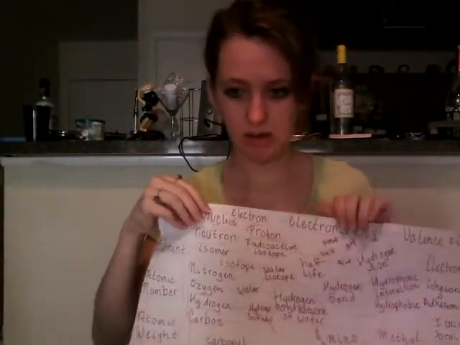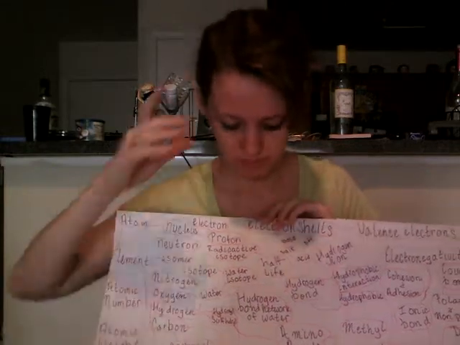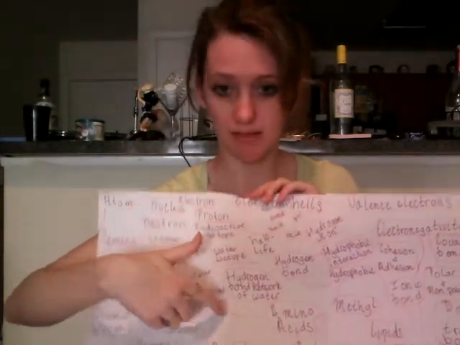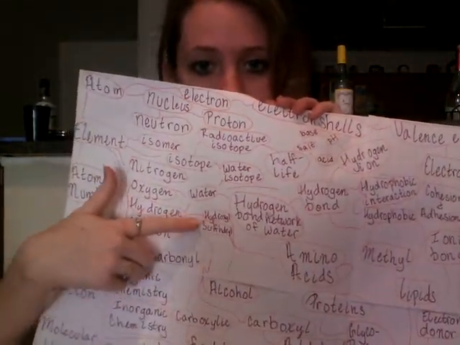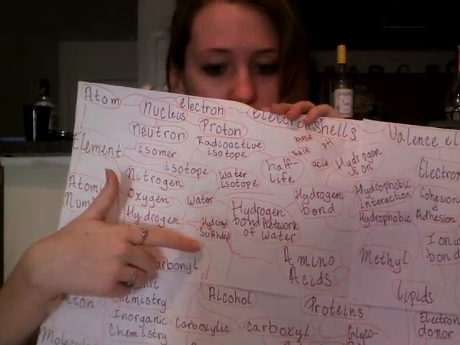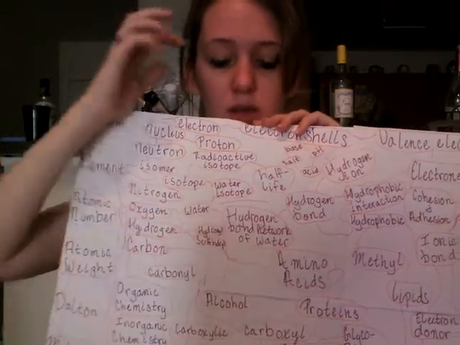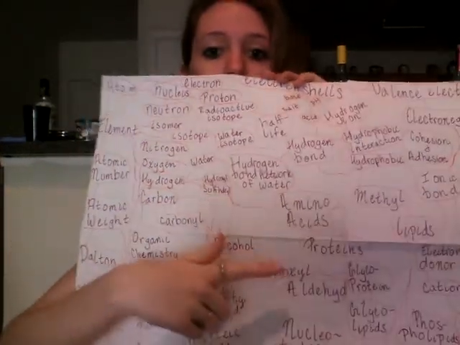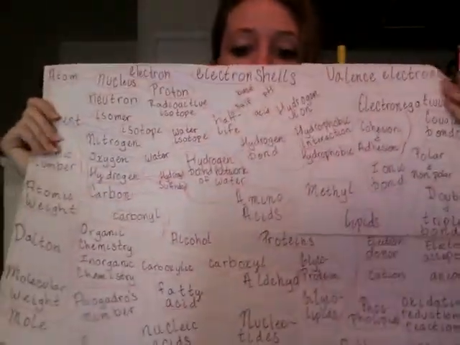And then hydrogen helps create these two molecules, sulfidine, which is another amino acid. And amino acids are the building blocks to proteins, which serve many functions in the body.